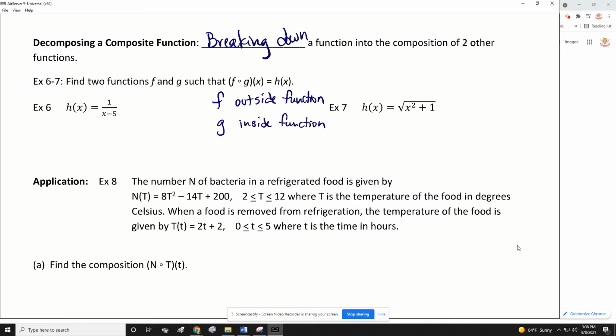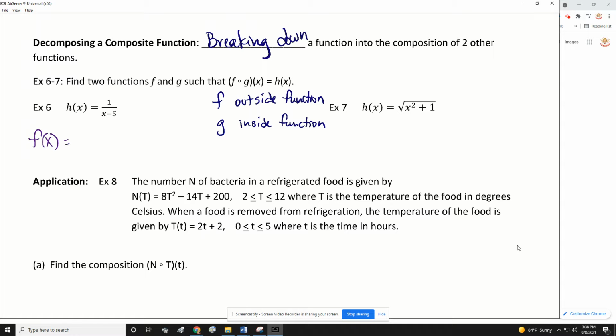Now, the outside functions typically are parent functions. They don't have to be, but it definitely helps if you think about the parent functions while you're doing these. And there's more than one right answer, so it doesn't have to be exactly what I chose. As long as you put one inside the other and you get that h, then you're good.